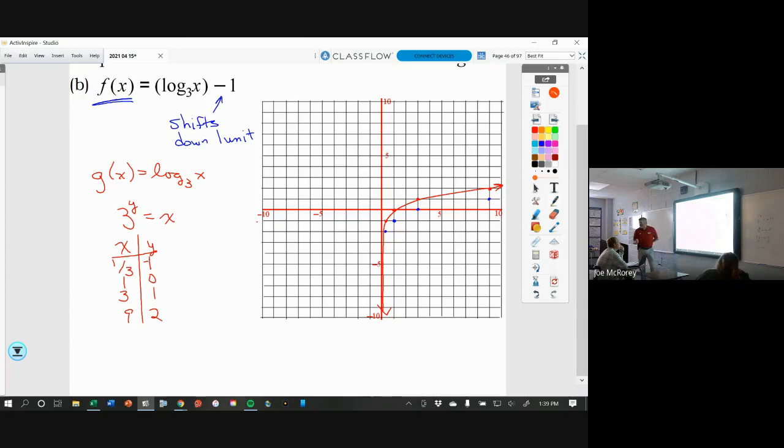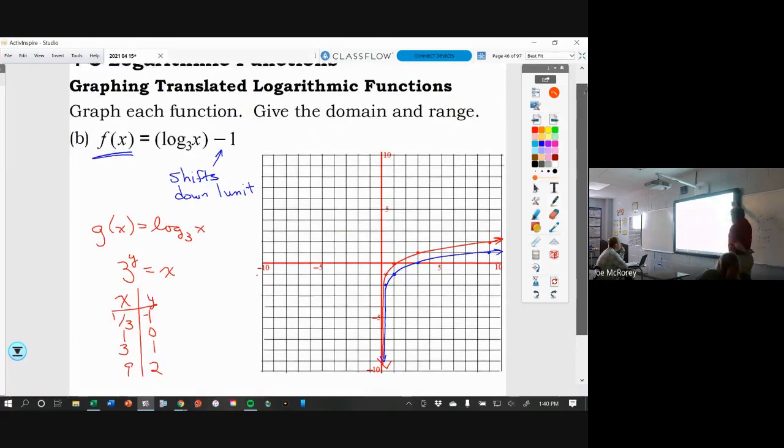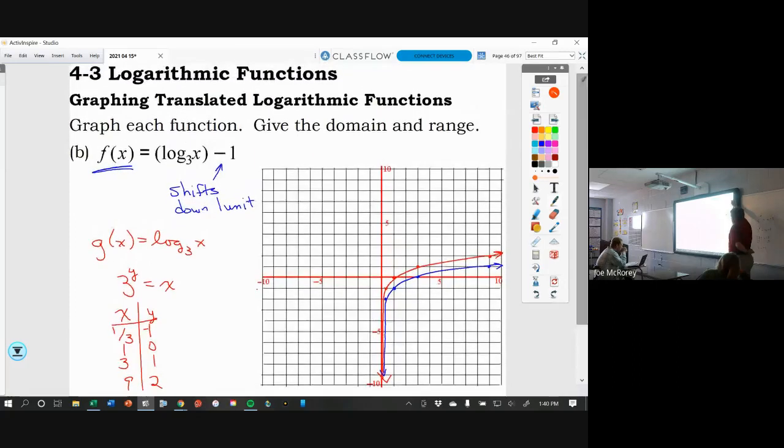Is the asymptote going to change? No, because it didn't shift horizontally at all. What is my domain?